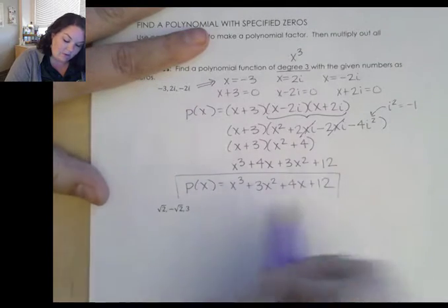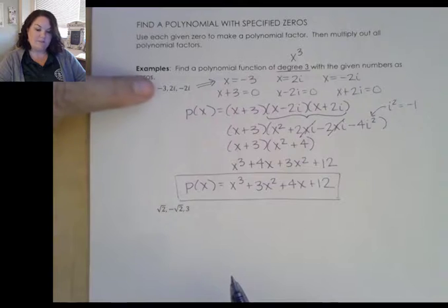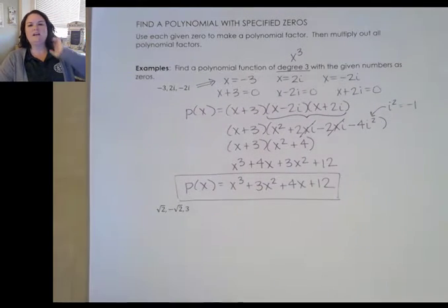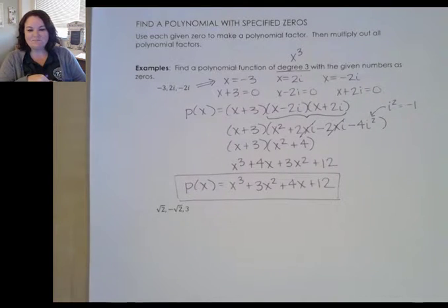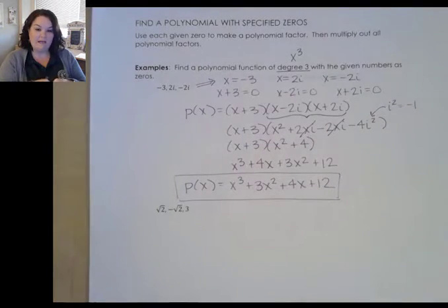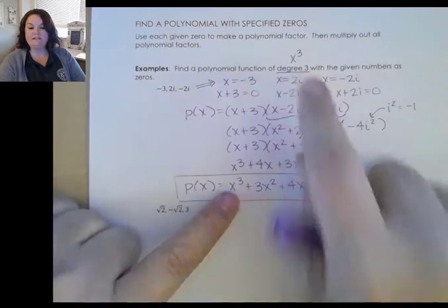And this is the polynomial that, if we were to completely factor it, would give us the zeros -3, 2i, and -2i. So we're kind of going backwards from what we've done: starting with the answers, creating factors, and using those factors to come up with the original polynomial. And we did end up with a degree 3 polynomial because we have an x cubed.